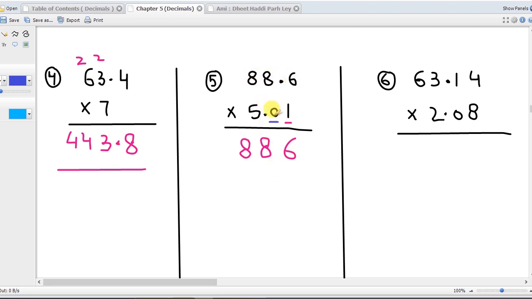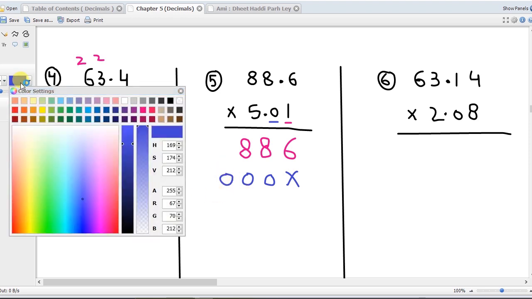Since the place value of this 0 is at tens, we start writing our answer from the tens position. So that's why I put a cross over here. Okay, so 0 times 6 is 0, 0 times 8 is 0, so 0 times any number will give you 0, right? Okay, moving on to the next.